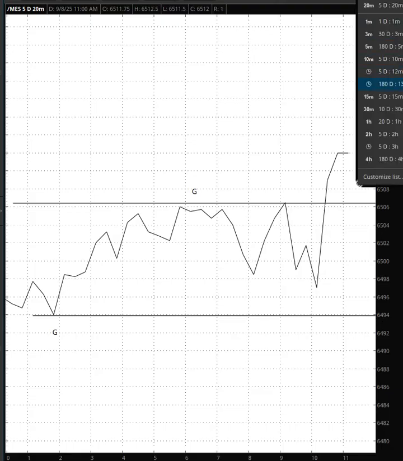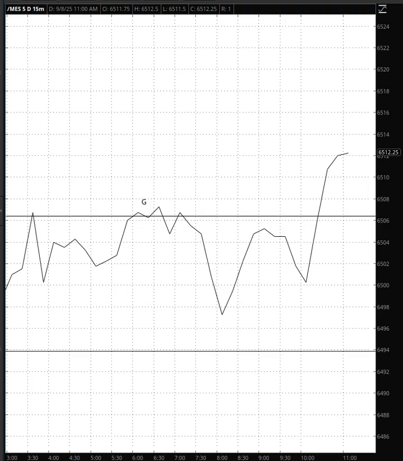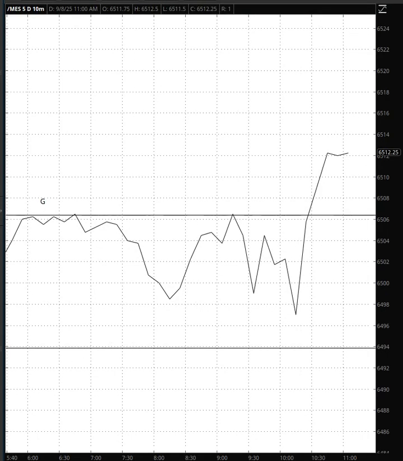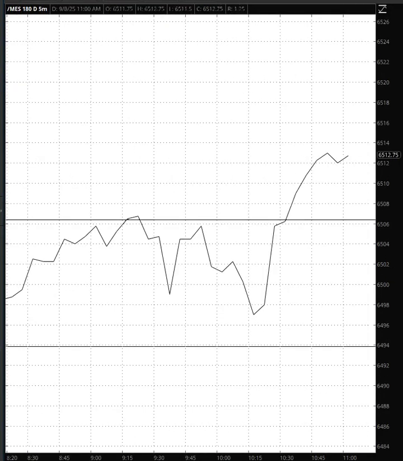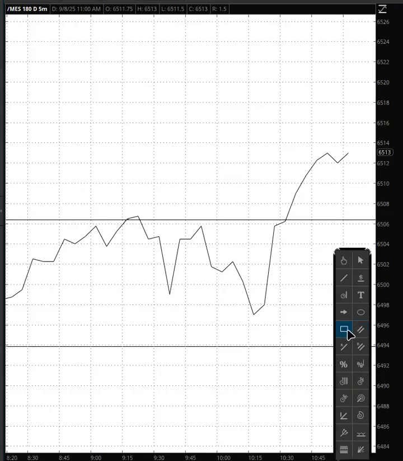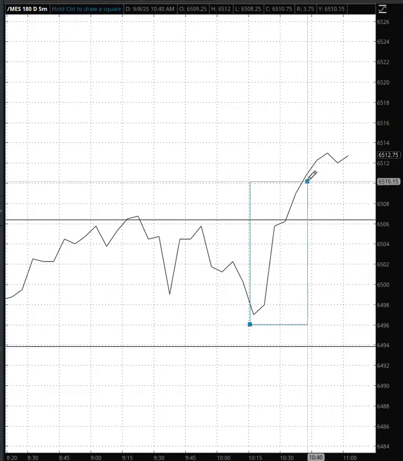Looking at the other time frames here, 15, we have nothing there. You look at the 10-minute time frame, we really don't have anything there. And the 5-minute time frame, okay, what do we have now? Take a look. Okay, that's a slider for a moment.